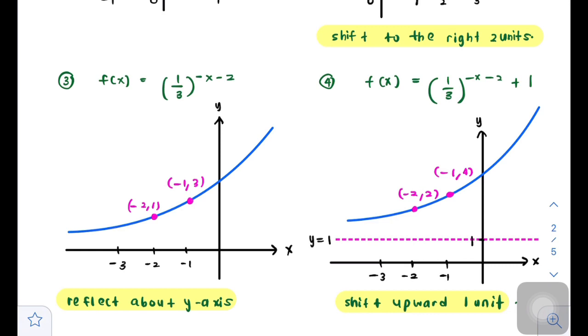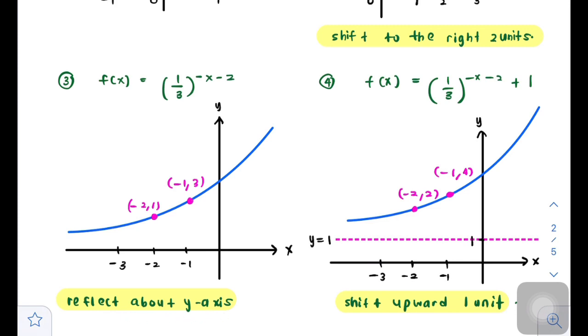So (1, 3) will be moving to (-1, 3). Imagine that this is your mirror. (2, 1), if you reflect towards this line, the new point will be (-2, 1). Okay, so you will have an increasing graph here. And then the explanation here will be reflect about the y-axis.